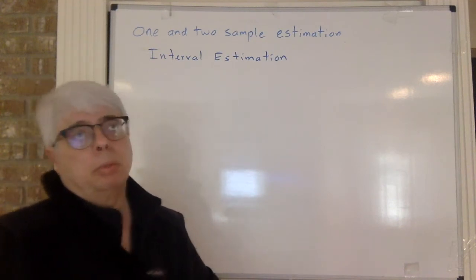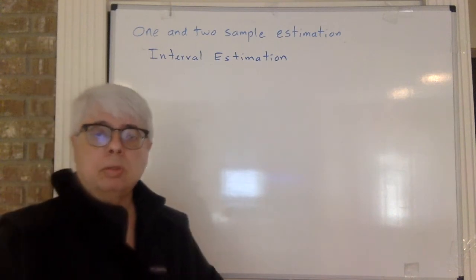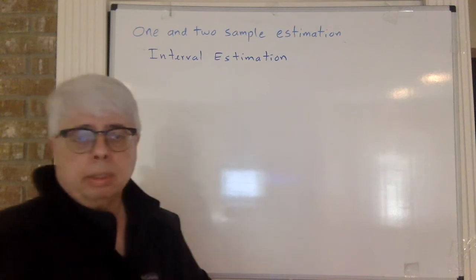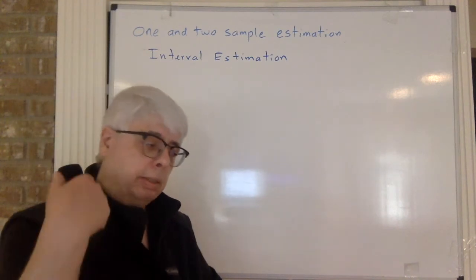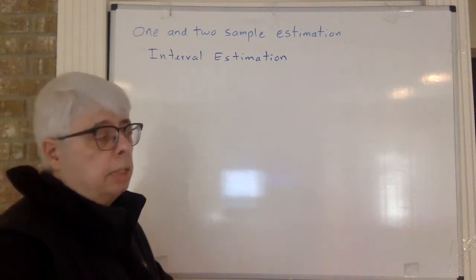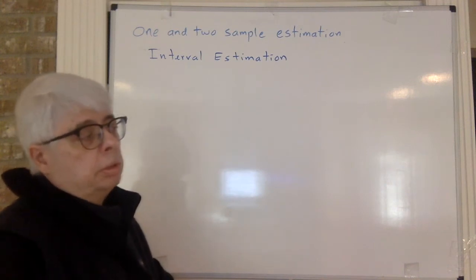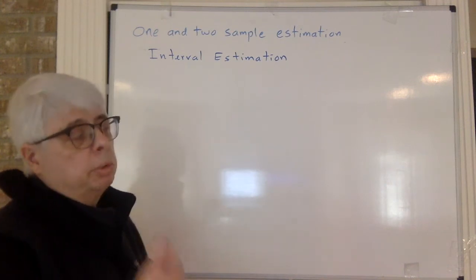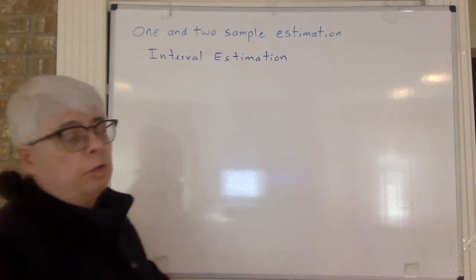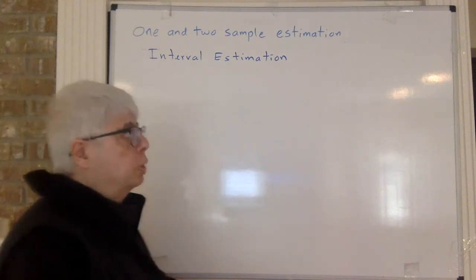So you say with probability 0.9, for example, 90%, mu falls between these two numbers. That's basically what interval estimation is. That's what the end result is. You give the person who is asking for it an interval and say that mu, for the average, say, or whatever, falls within this interval with 90%, 95% confidence. That's the terminology used for that.